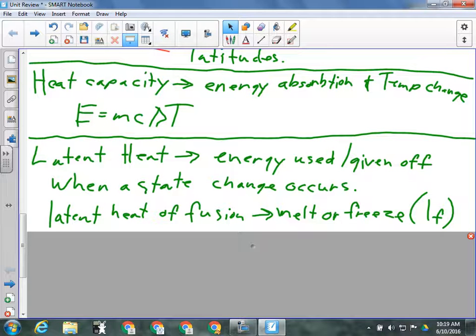So expect one of those problems on there as well. I'll ask, how much energy would be required to heat ice from -20 to water at 50 degrees Celsius? Identify your steps, do your calculations. That one's kind of a big mark question because there's lots of steps. And again, those numbers and those formulas are all on the test. It's not something you need to memorize.